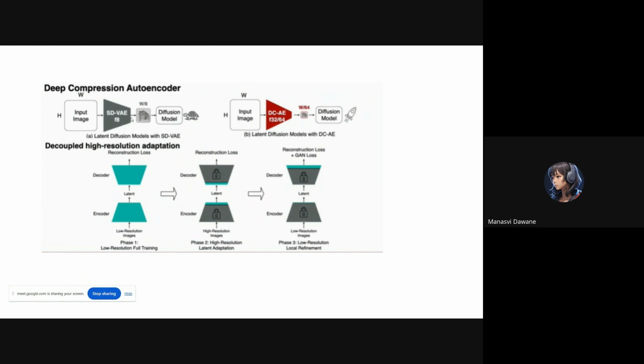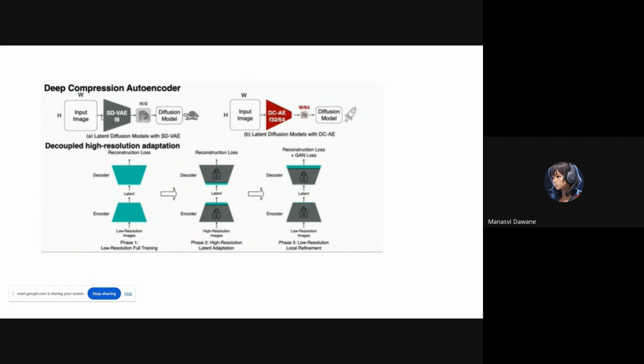The input is given to SDVAE. Now, what is SDVAE? It's the same as the latent diffusion that we talked about, but it also has one layer where video models are trained and added separately. Sora did that, I think.